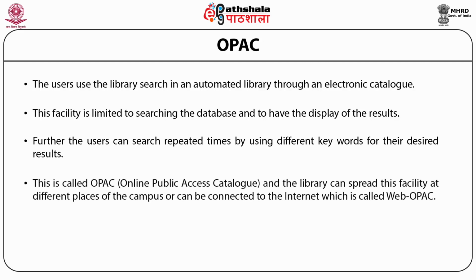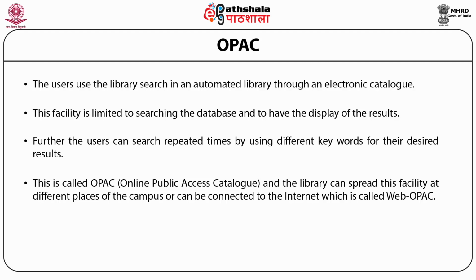This is called OPAC, Online Public Access Catalog, and the library can spread this facility at different places of the campus, or it can be connected to the internet, which is called Web OPAC.